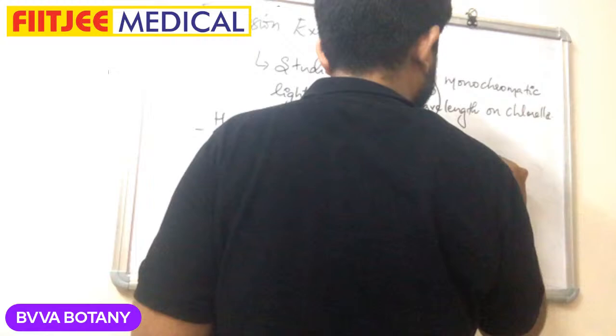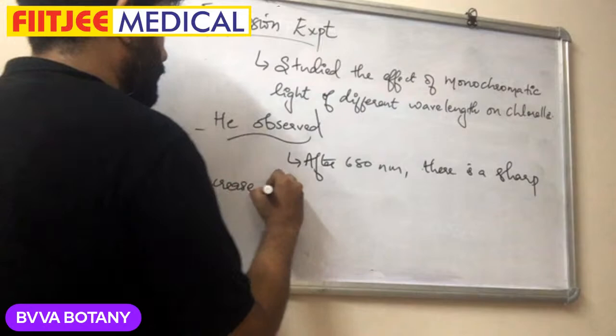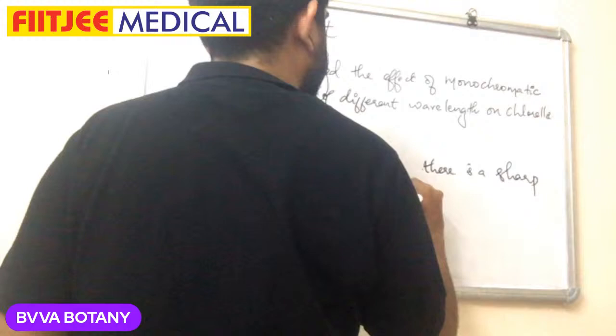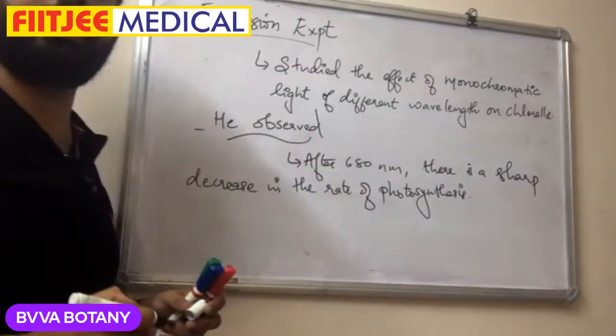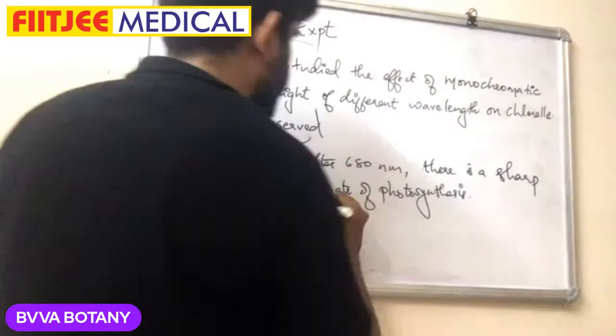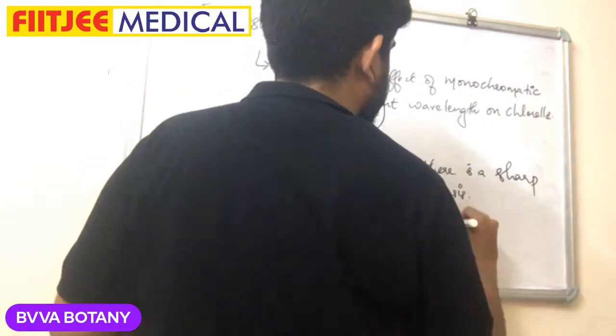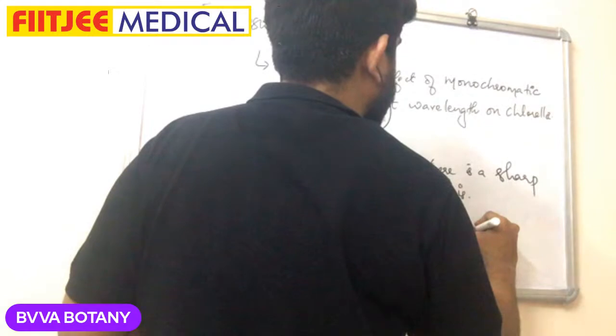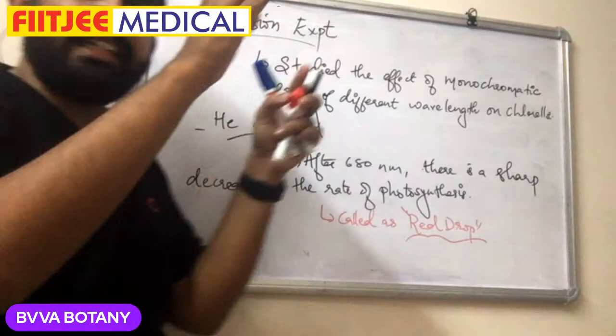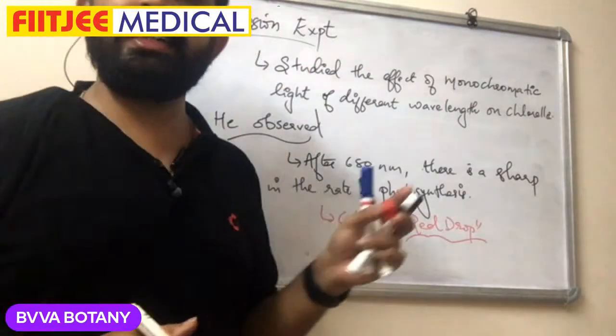There is a sharp decrease in the rate of photosynthesis. He called this sharp decrease the red drop, because 680 nanometer is almost in the far red region. So there was a decrease in the rate of photosynthesis. This is the red drop.